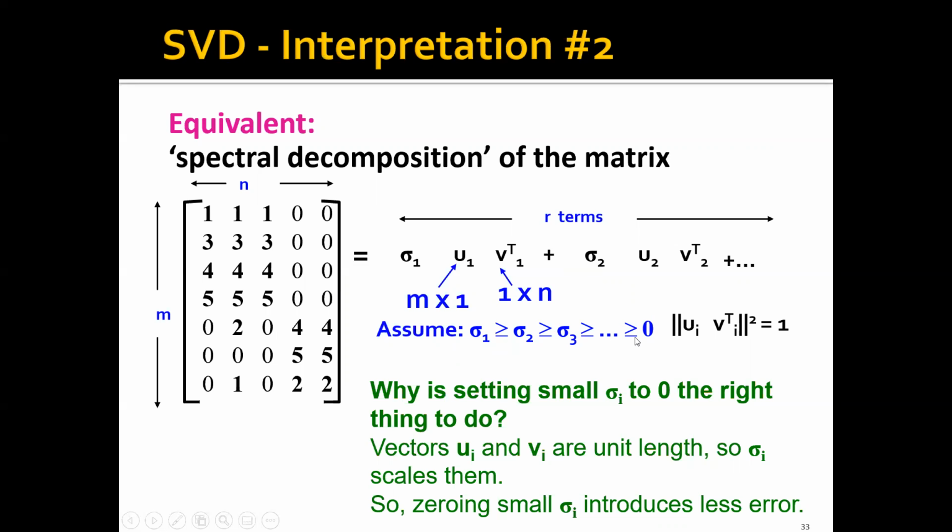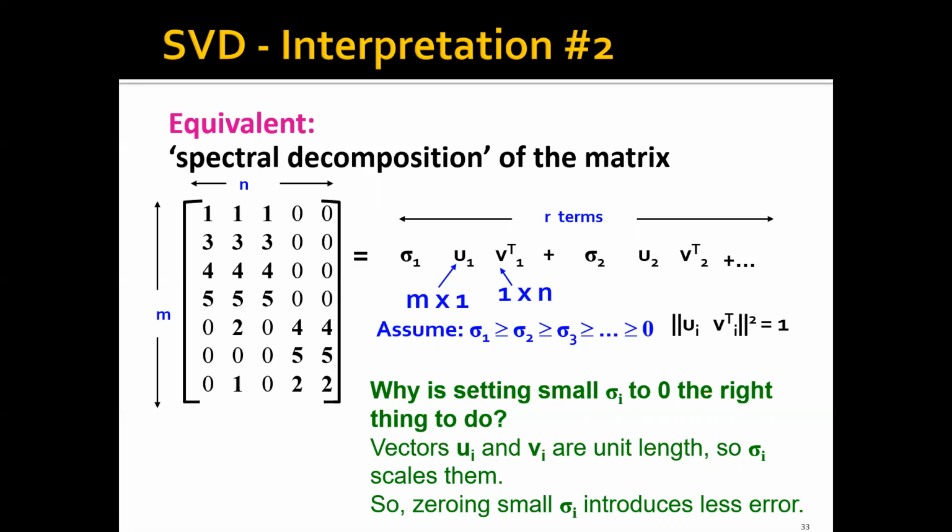Also remember that both U and V, the left and right singular matrices, are column orthonormal, meaning that we can formally prove that the inner product of Ui and Vi is equal to 1. With these observations, we can see why setting smaller sigma i to 0 is the right thing to do.